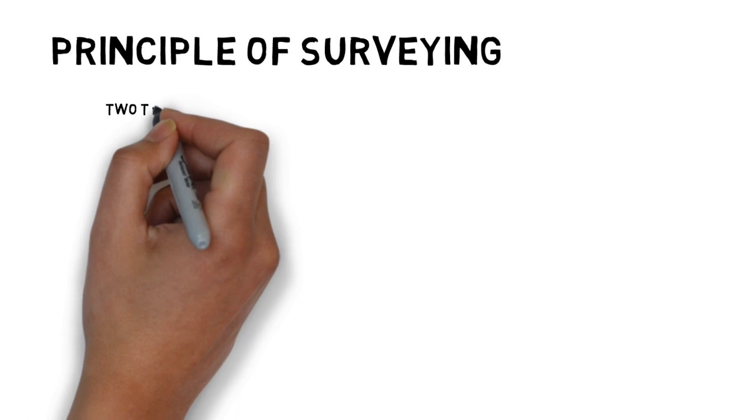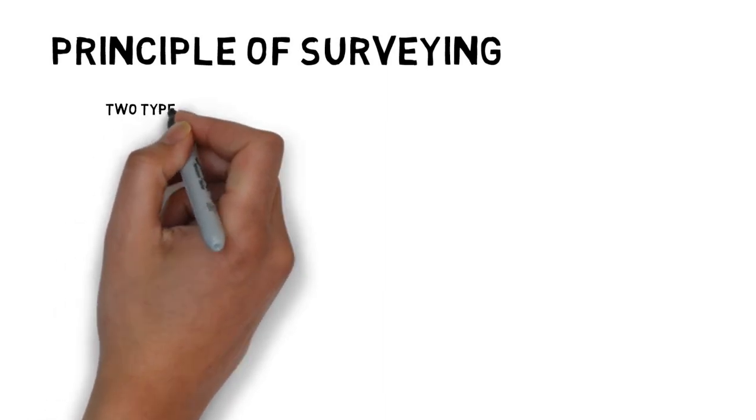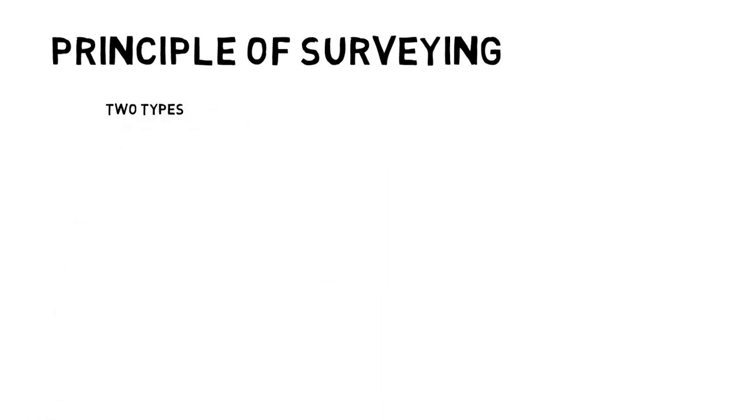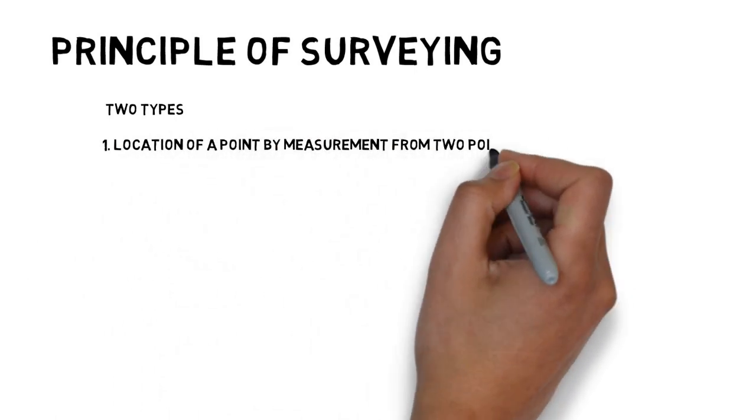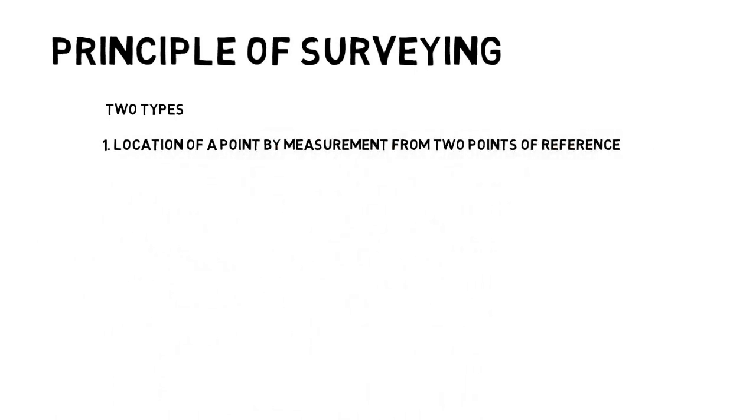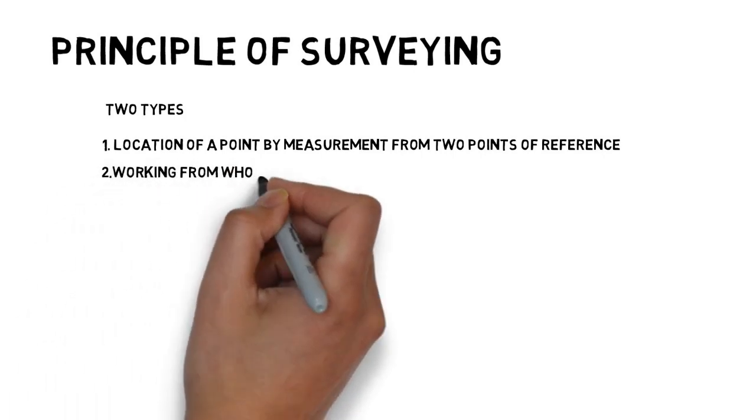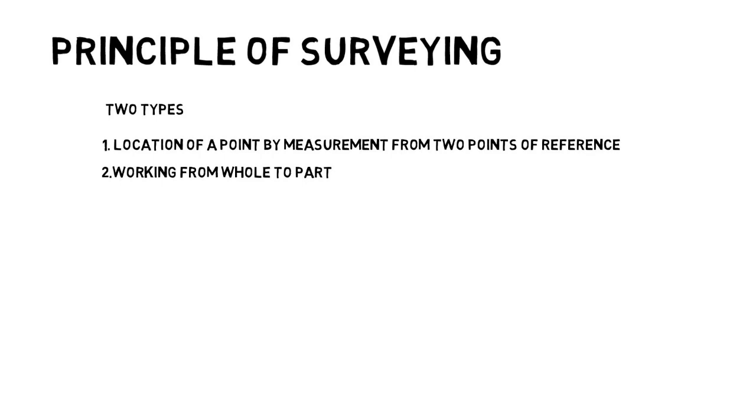The basic principle of surveying can be stated under two aspects. Number one, to locate the position of a point by measuring from two reference points. Number two, to work from whole to part. So these are the two principles of surveying.